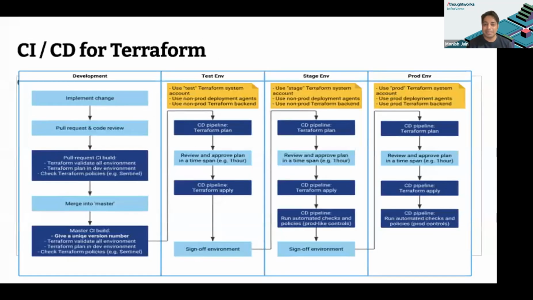This is just a simple structure of how we can do the whole CI/CD. We have a development environment, and we have test, stage, prod. Initially, we start by taking the main branch, we create a PR, we do the code review, we run static analysis of our code, we run validate, then we run some functional tests using Kitchen and Terraform, and finally everything looks good.